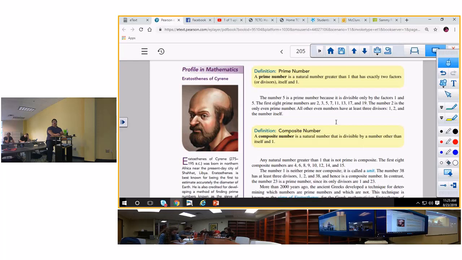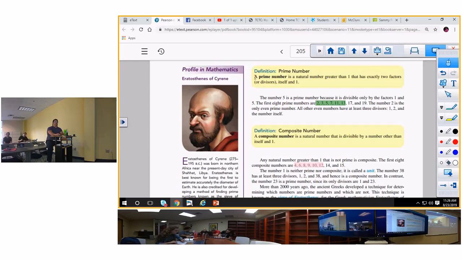So, examples of prime numbers: 2, 3, 5, 7, 11, and 13. And there are examples of composite numbers. Now, what are we going to be working with?